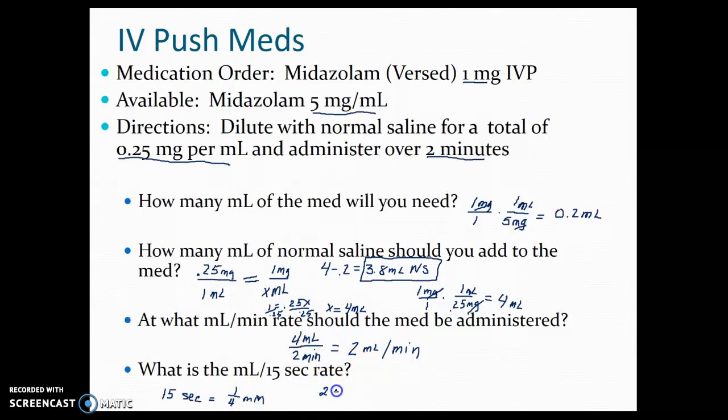So if I take 2 divided by 4, I get 1/2, so 0.5 mLs are to be administered every 15 seconds. And that will give me something that's much easier to track than the milliliter per minute rate. So I can watch my watch and time out 15 seconds and push a 1/2 milliliter over that duration.